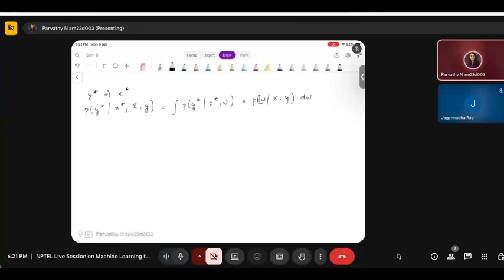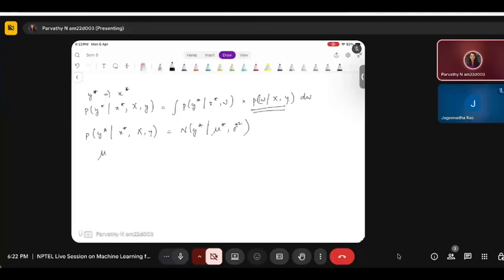So the integral will average the prediction over all the plausible weight vectors weighted by the posterior. For Gaussian likelihood and prior, this integral is analytically tractable. So P of y star given x star, x comma y is equal to N of y star given mu star, sigma star square.